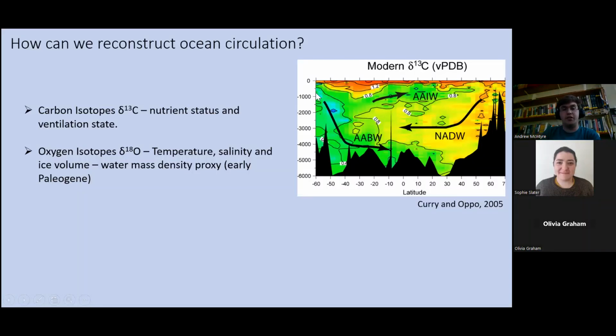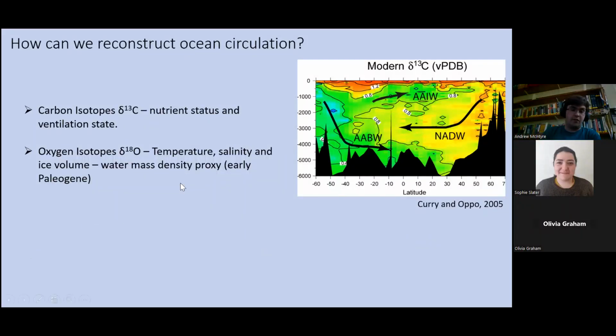Whereas in the Southern Ocean today, we have incomplete nutrient utilization. Therefore, the surface waters tend to have much lower delta 13C values, and so when they descend into the deep ocean, they impart that signal. So we can use delta 13C as a fingerprint for ocean pathways.